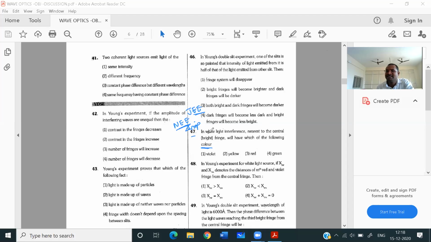So what they are saying is, in white light interference, white light is incident on the two slits. Nearer to the central bright fringe, which color will be there? This is your question. Clear? Yeah. So wait, I'll share the whiteboard so that you will understand clearly.